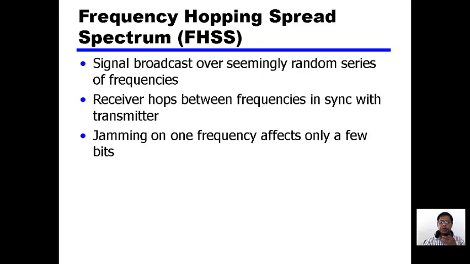Now we are going to our topic, that is frequency hopping spread spectrum. Frequency hopping is nothing but the signals being processed in a sequence of frequencies. The signal is broadcast over a seemingly random series of frequencies.